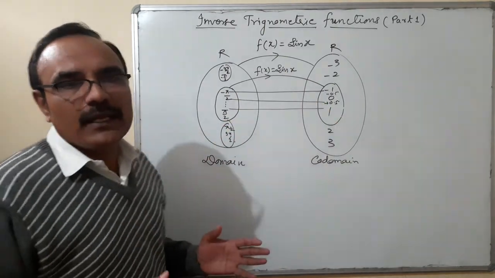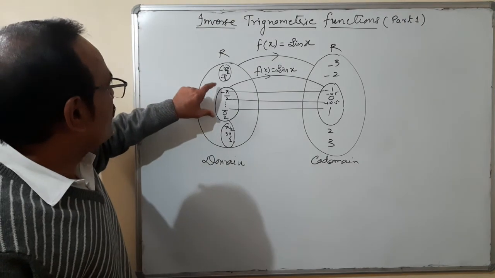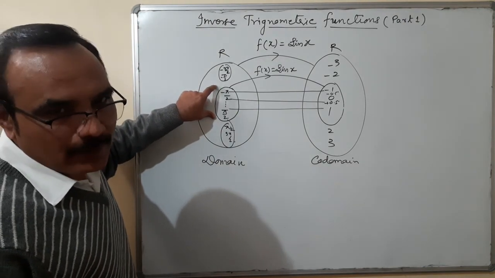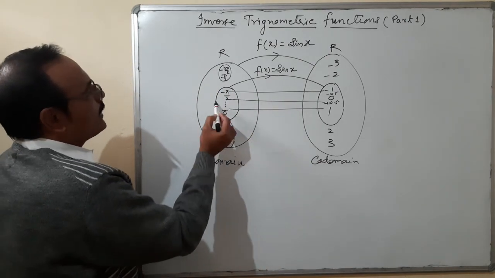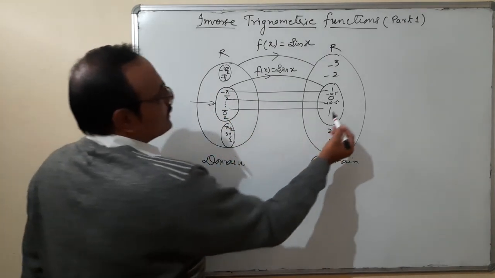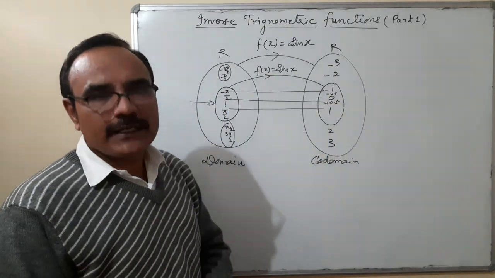So there are many invertible functions present, but we are focused only on -π/2 to π/2. So we are taking -π/2 to π/2 as the domain and -1 to 1 as the codomain range. F of x is equal to sin x.